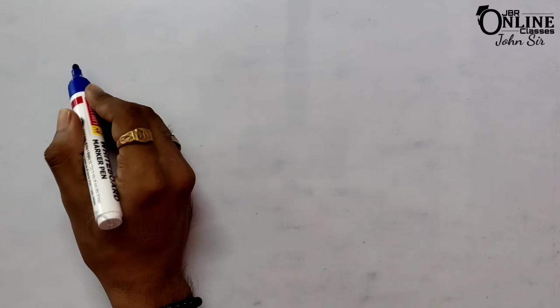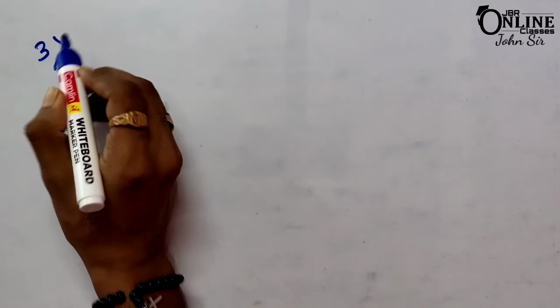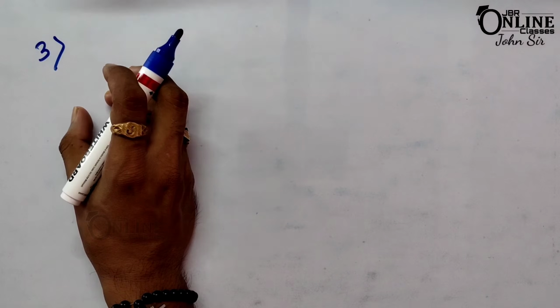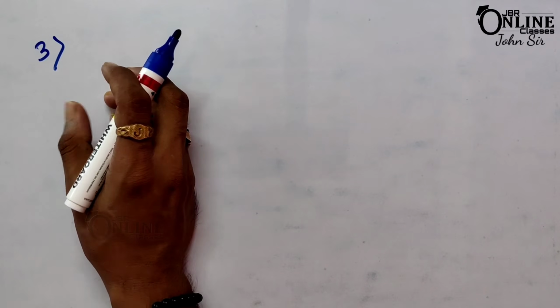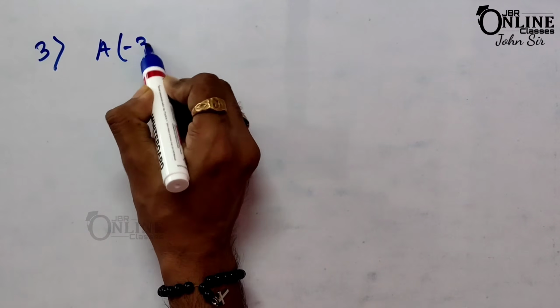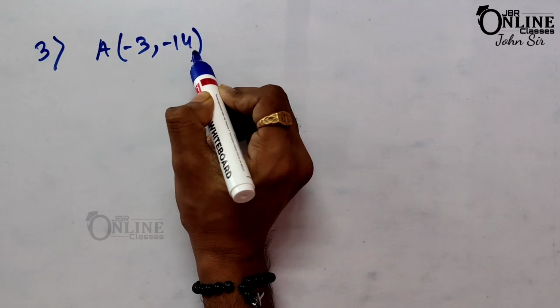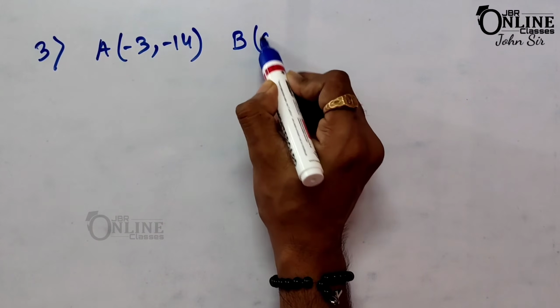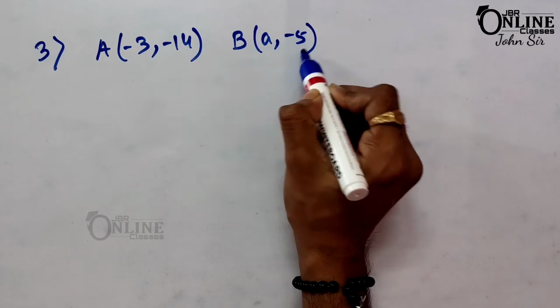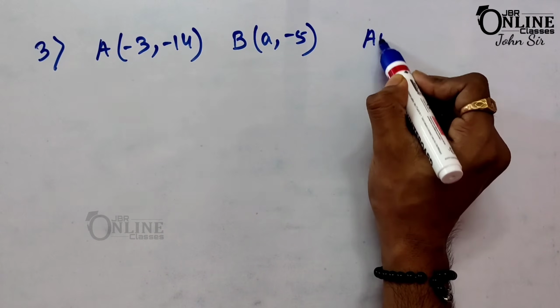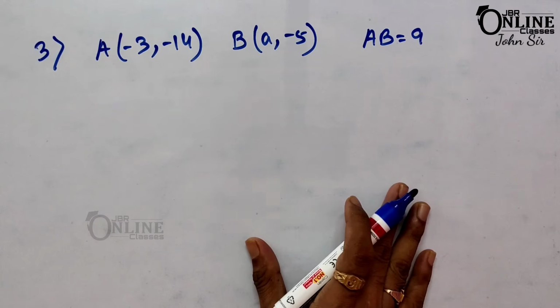Now sum number 3. In sum number 3, find the value of a if the distance between the points A equals (minus 3, minus 14) and B equals (a, minus 5) is 9 units. That means AB equals 9 units.